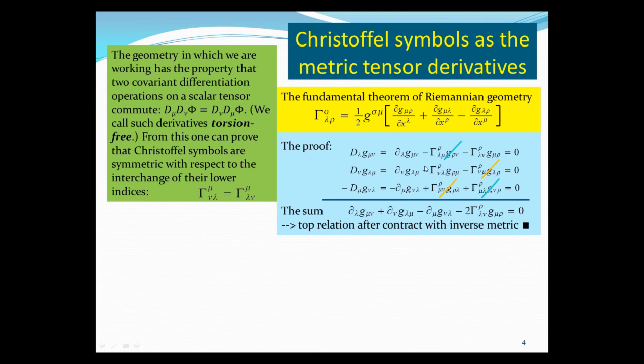So we're left with three derivative terms, this one, this one, this one, and also two gamma factors which are the same because the lower indices are just interchanged. Interchanging lower indices doesn't do anything, so these are the same. And this relation is just the relation we're looking for once you contract with the inverse metric. So this is how you prove that the Christoffel symbols are related to the first derivative of the metric.